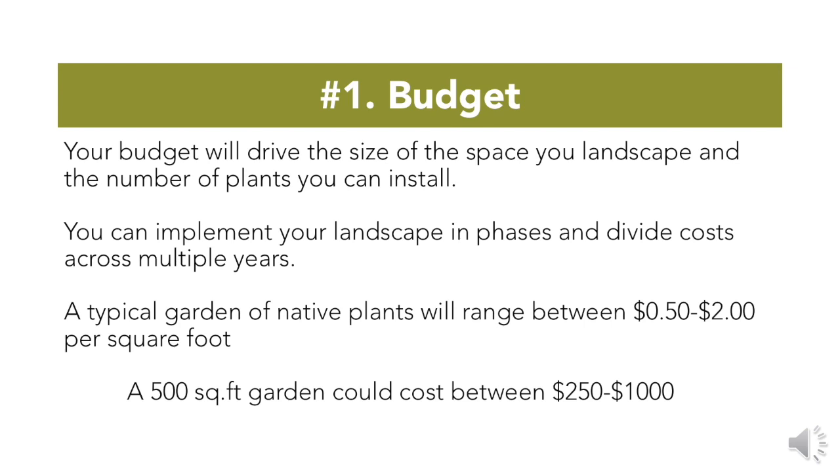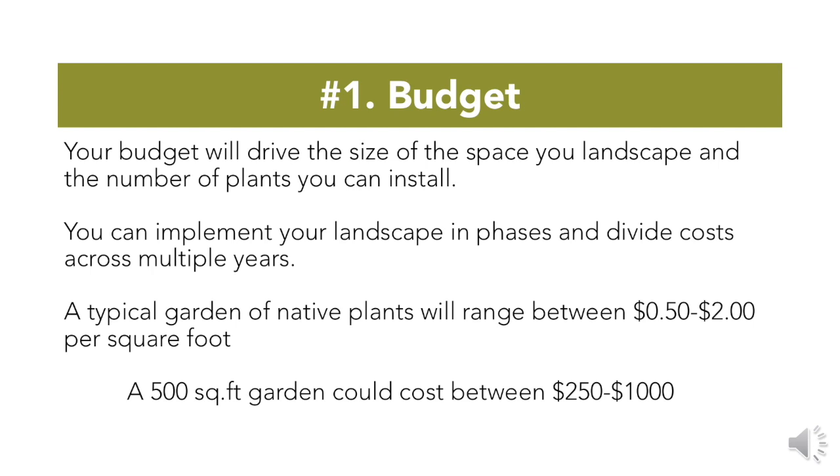You can take it piece by piece, and if you have extra money that pops into your budget 1 year, you can add additional plants or create another garden. As a ballpark estimate, a typical garden of native plants might cost you between 50 cents to $2 per square foot.